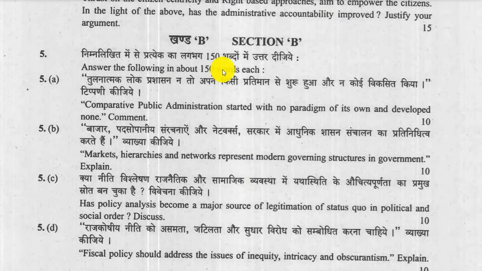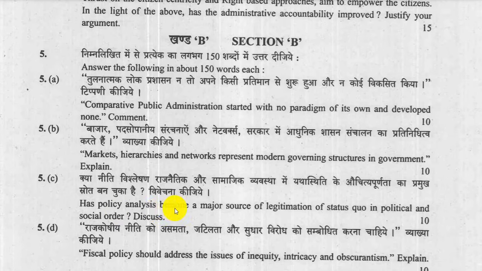Section B: answer the following in at least 150 words each. Comparative public administration started with no paradigm of its own and development. Comment. Markets, hierarchies and networks represent modern governing structures in government. Explain.